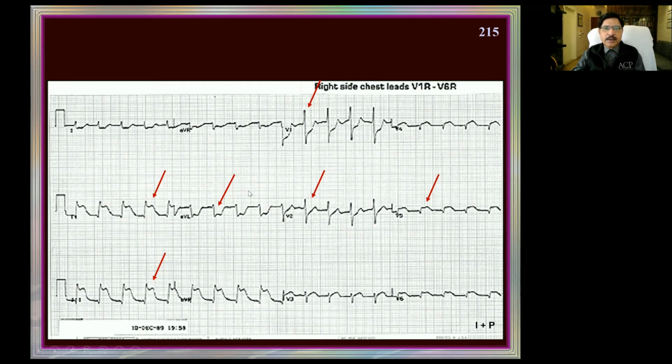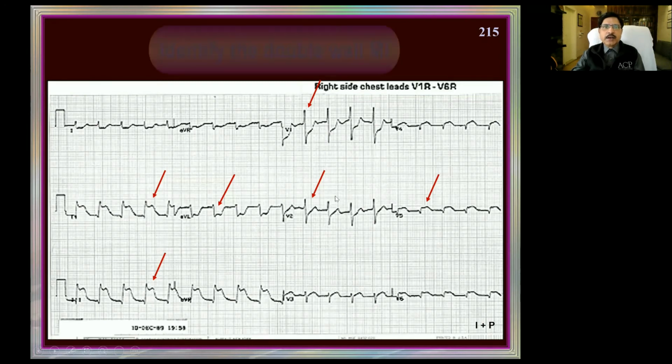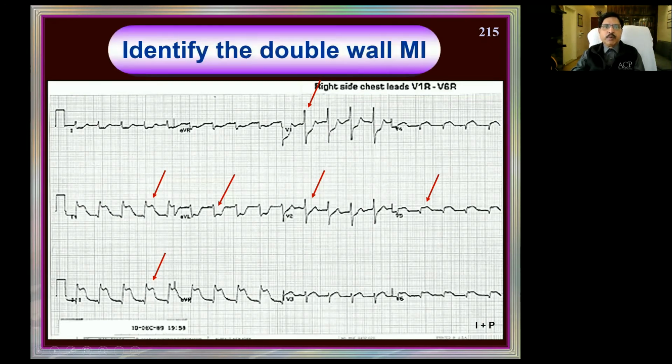And you see the right-sided chest leads, V1R to V5R, placed on the right side. They are also showing some changes here, and also inferior leads are there. So it is a typical acute inferior posterior myocardial infarction. Double wall. Which wall? Inferior wall and the posterior wall. It's a double wall infarction.